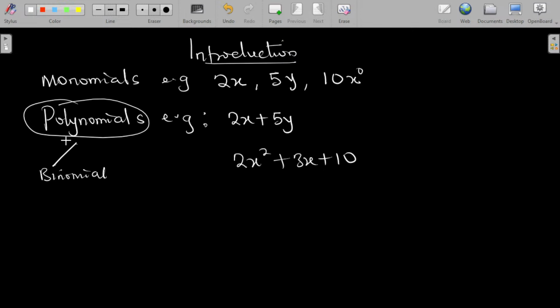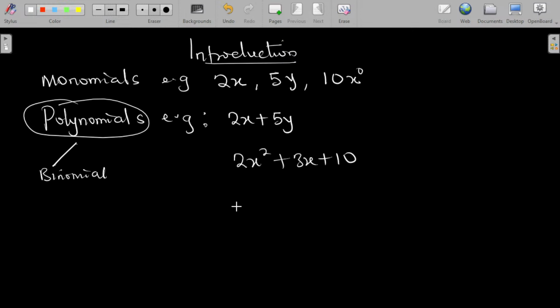Okay, I'm currently trying to introduce quadratic equations, but I'm trying to give you a background of how we got there, that we have types of expressions.